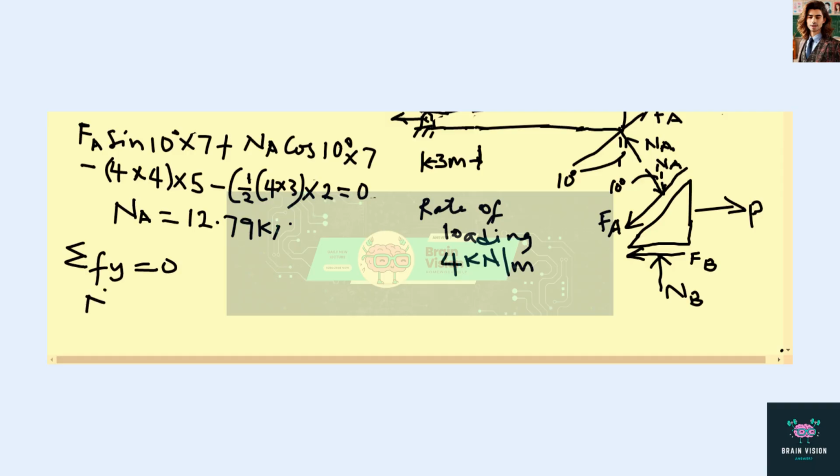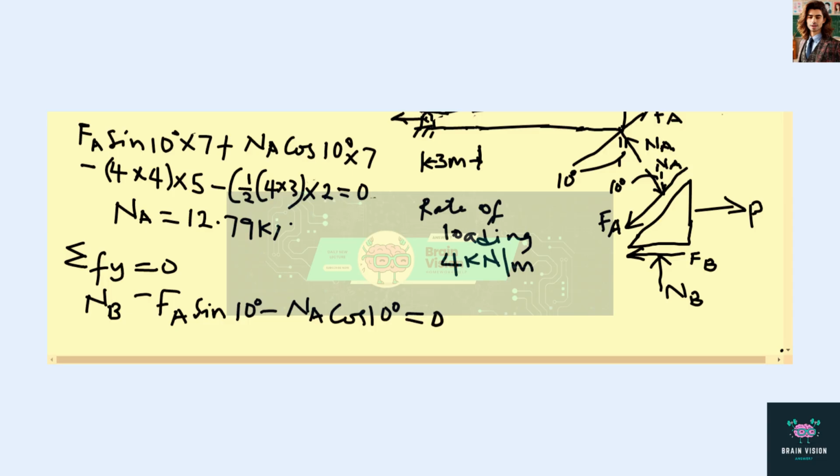So when you do that, you're going to have your normal reaction, sorry, this time normal reaction at B. It's going to be minus normal reaction at B, minus Fa sine 10 degrees, minus Na cos 10 degrees is equal to 0.